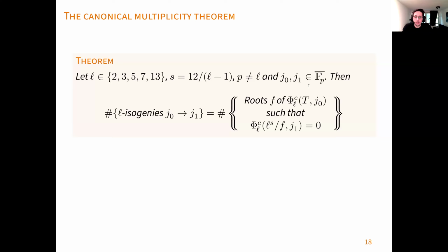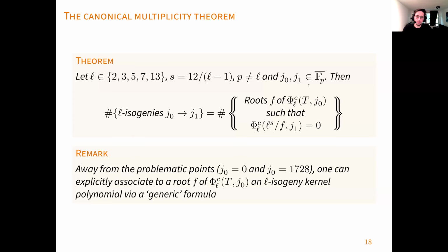Now, we have this equality of these cardinalities, where again the right side can be a multiset. And of course, one might wonder, can we make this into an explicit correspondence? And the answer to that is kind of. As long as we stay away from problematic points, as I will call them here, so in this case, j equal to 0 and j0 equal to 1728, then the right side will actually not be a multiset, but a proper set.